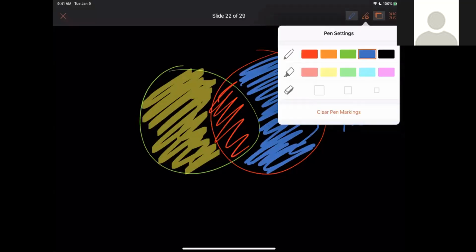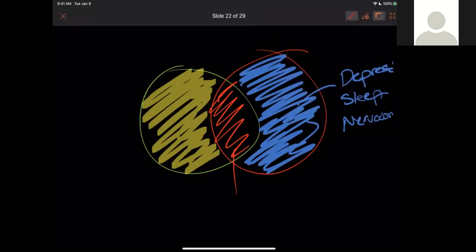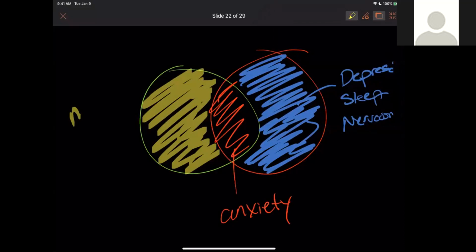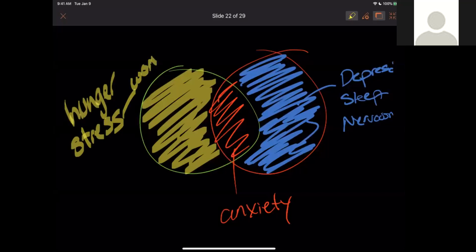In red, we might be doing a good job of measuring anxiety. And then again, we might be inadvertently measuring, let's say, hunger, and let's say stress, or we'll call this work stress, which is something people have, but it's not the same as post-traumatic stress. And so we have mismatch.